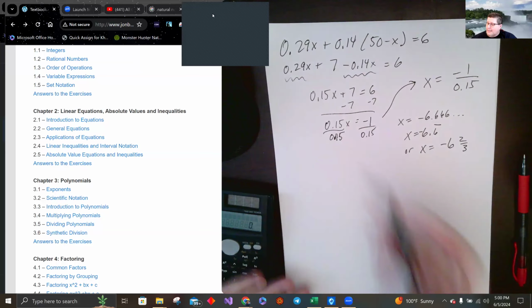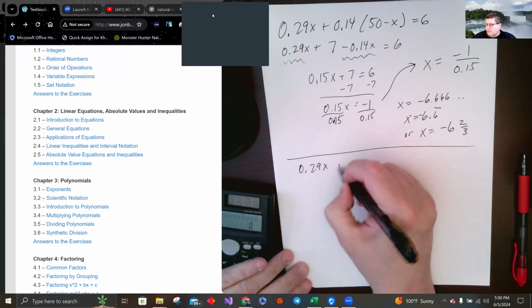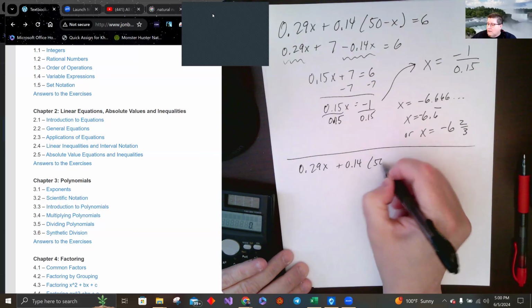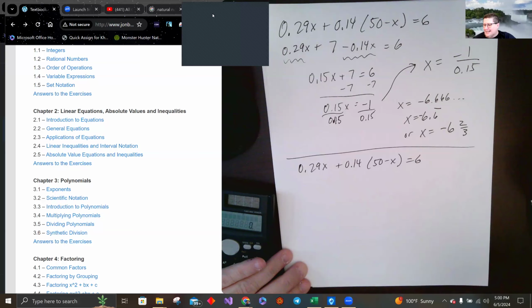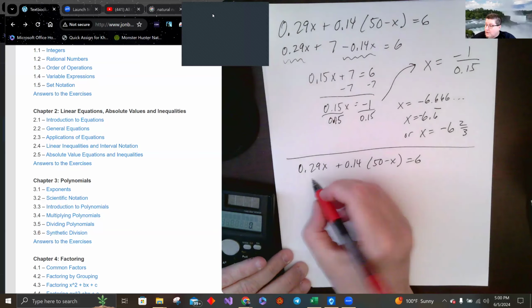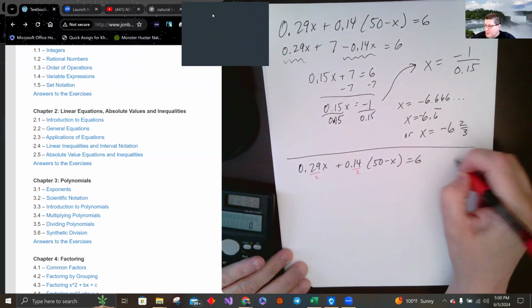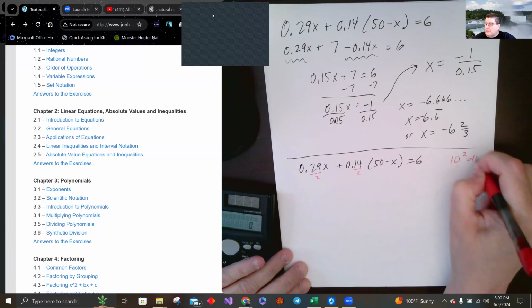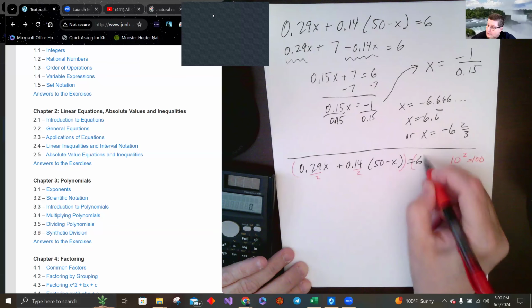The other way of doing this, count the decimal places and multiply by 10 to that power. There's 2 decimal places max. So 10 to the second power is 100. I'm going to multiply everything by 100.